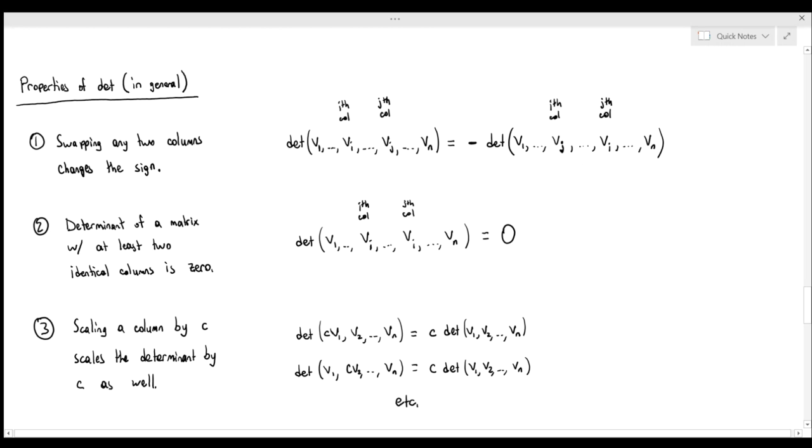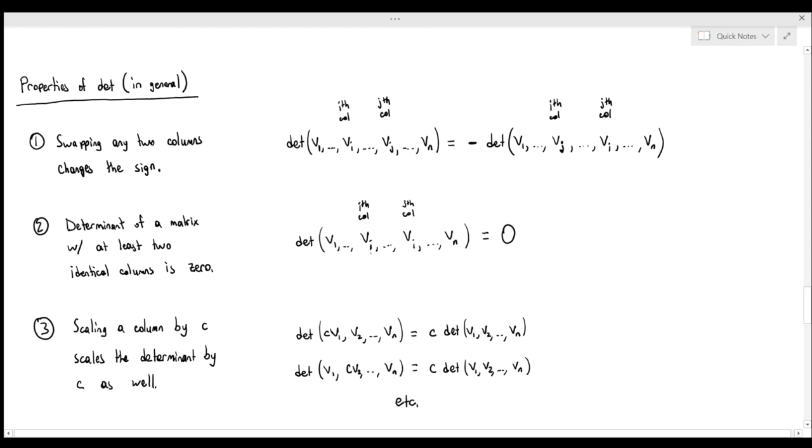And the idea of this is just that when you swap 2 columns, you change the orientation of your vectors, and that's why you pick up a minus sign to reflect that. Okay. So then again, generalizing each of those properties earlier. The determinant of a matrix with at least 2 identical columns is going to equal 0.